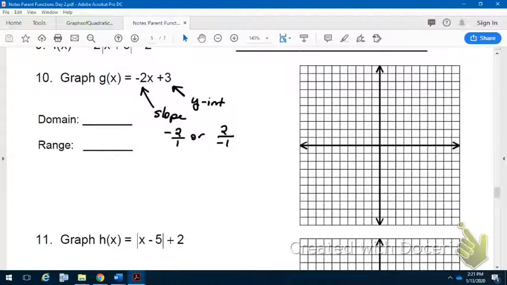So you're going to put your dot at 3, and if you go up 2, you're going to go left 1. If you go down 2, you're going to go right 1. And you can keep going down 2 and right 1 until you run out of graph. And then you can draw in your line.